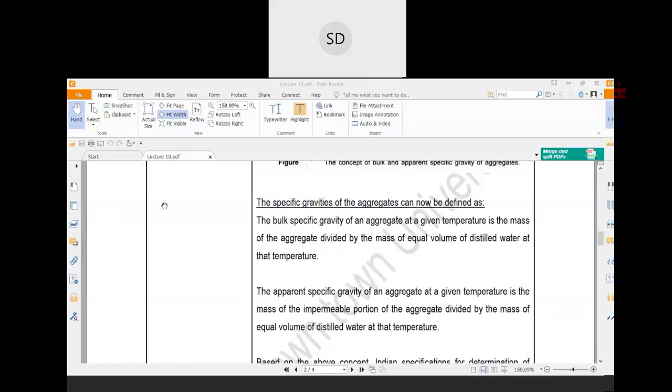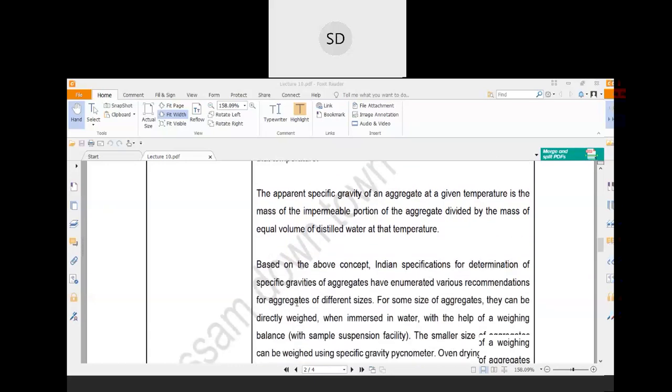And the apparent specific gravity of an aggregate at a given temperature is the mass of the impermeable portion of the aggregate divided by the mass of the equal volume of distilled water at that temperature. So basically, those are the two definitions.